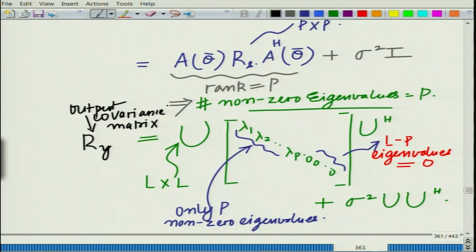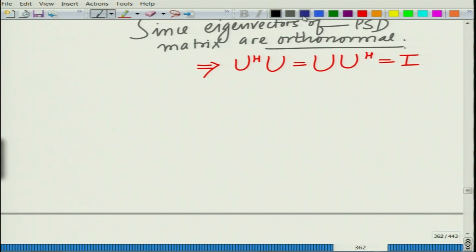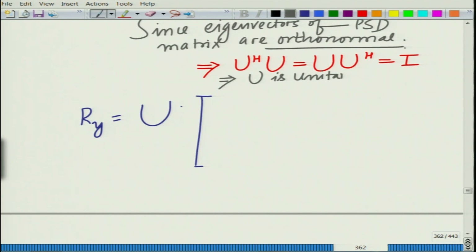If you look at this, I can now simplify R y as U times, combining both these things, where U is a unitary matrix. And therefore, I can simplify this as U times diag of lambda 1 plus sigma square, lambda 2 plus sigma square, and so on, lambda p plus sigma square, and the rest will only be sigma square.